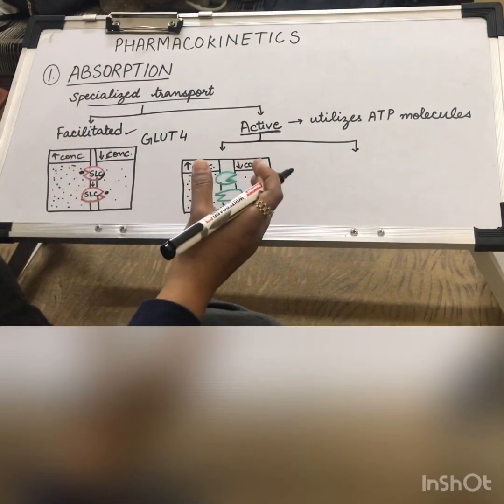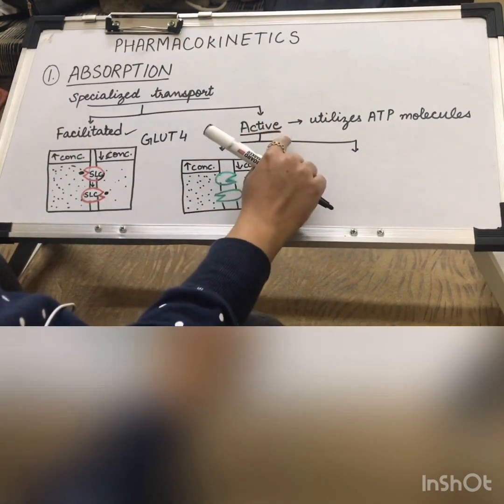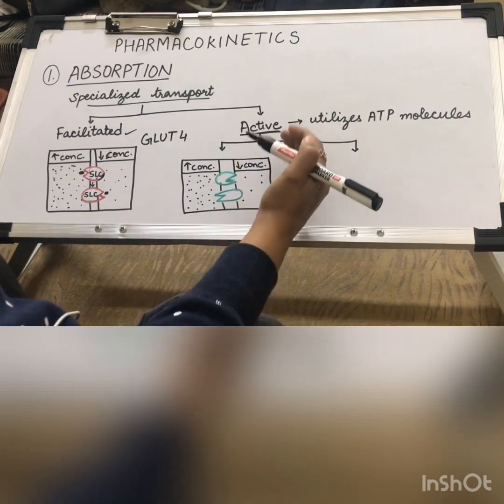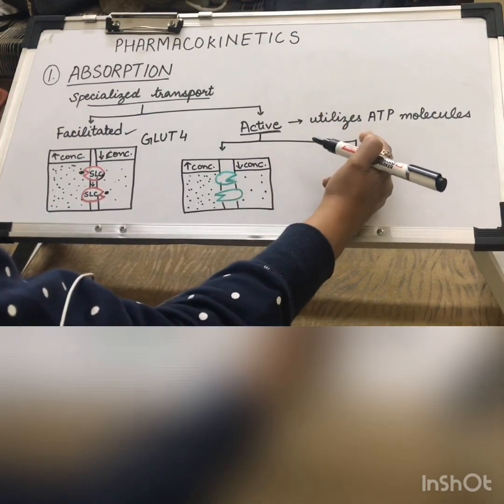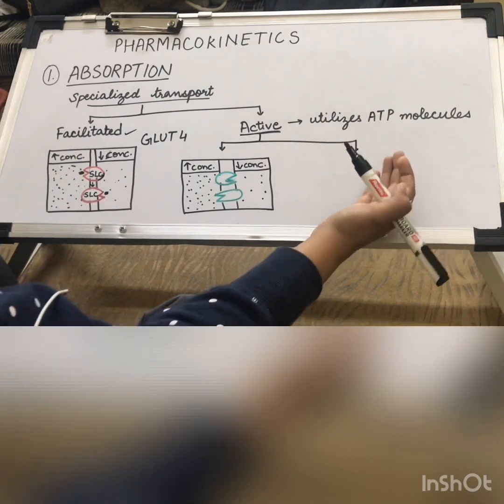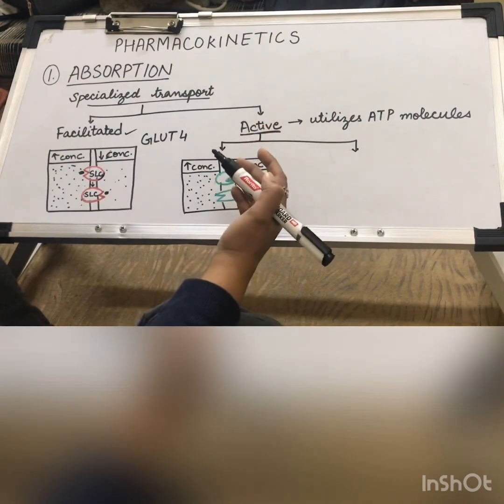The next type of specialized carrier mediated transport is active transport. Active transport means because it is utilizing energy, it is utilizing ATP molecules to transport the substrate or the drug molecules.